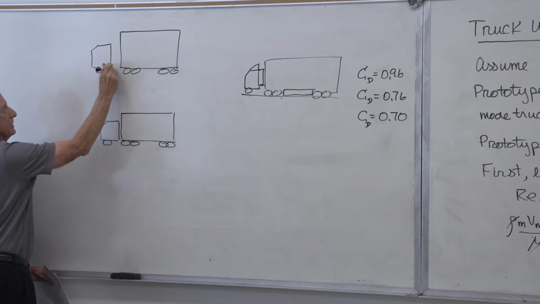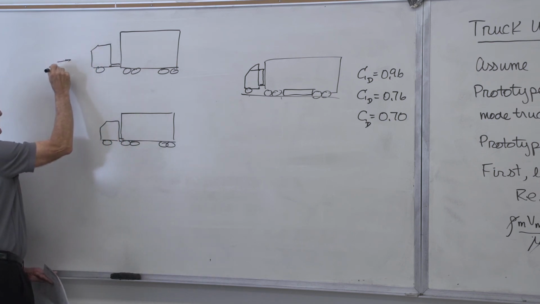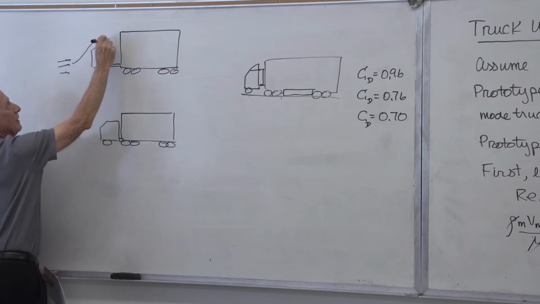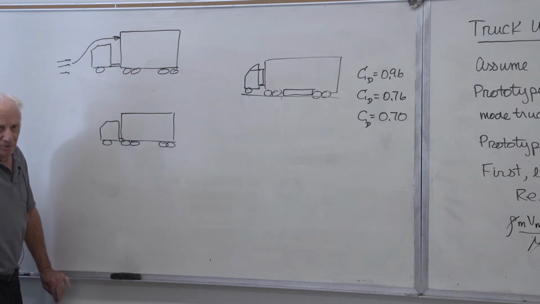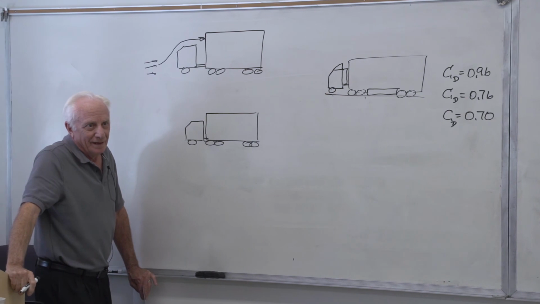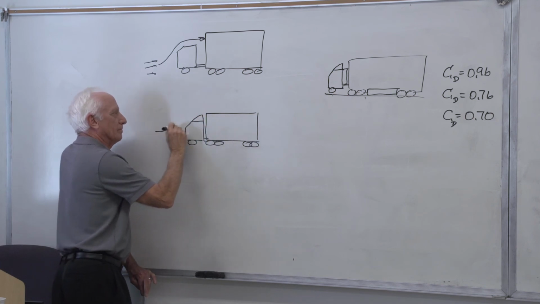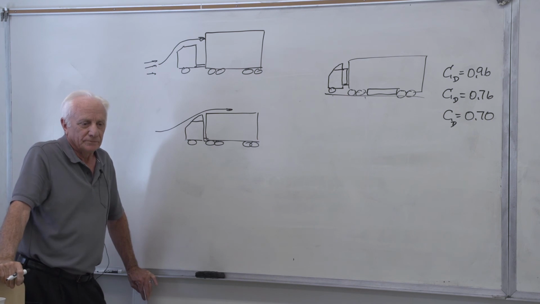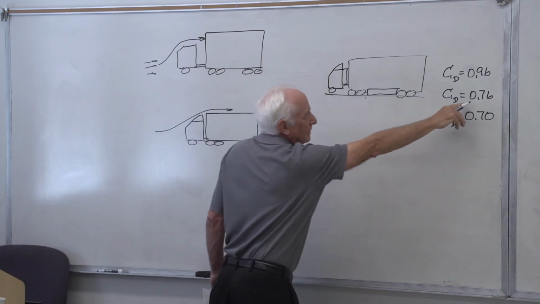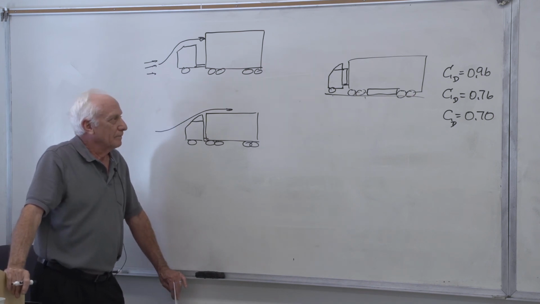Okay, here it is. Air comes up here, goes around here. Oh, that's not good. That's like putting a billboard in the wind. Bam! Air hits that, tremendous drag. Put the fairing on it. Ooh, that's smooth. That's what they do. Cuts the drag down by roughly 20%, a little less than that.